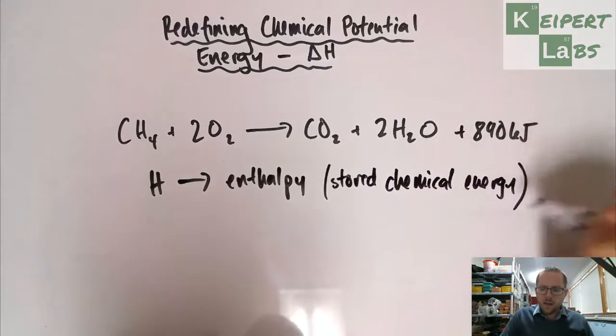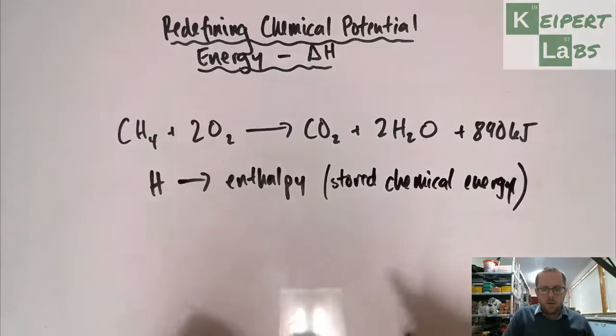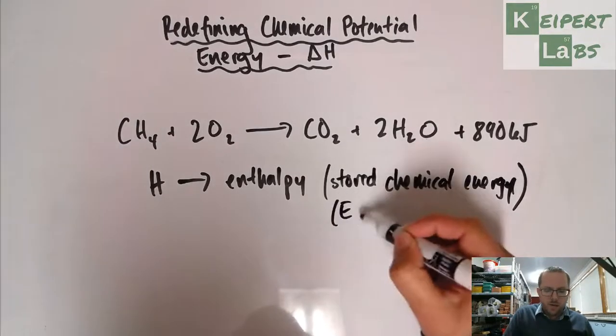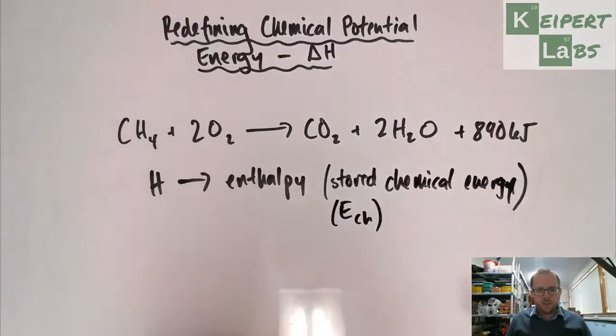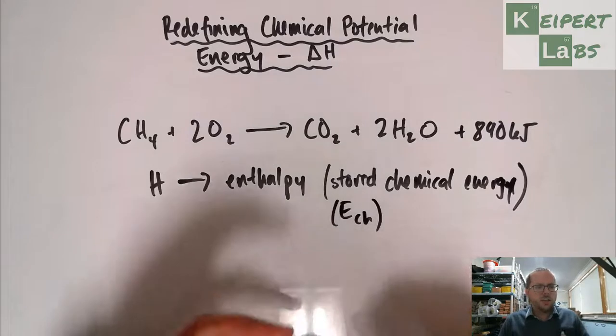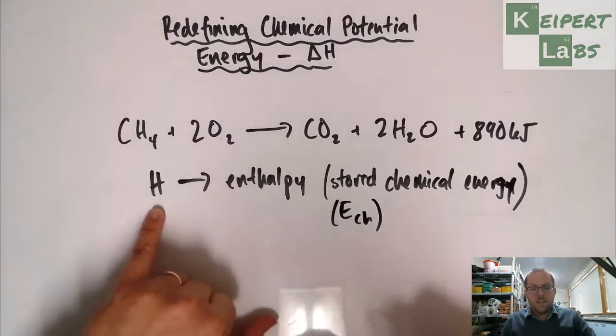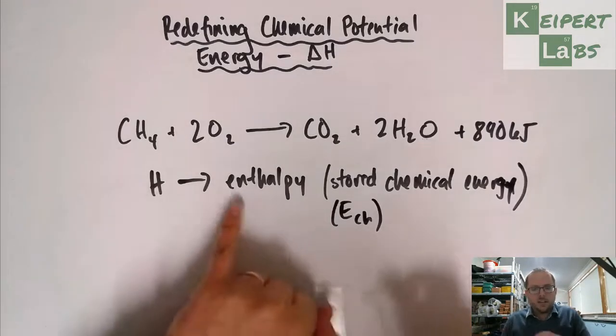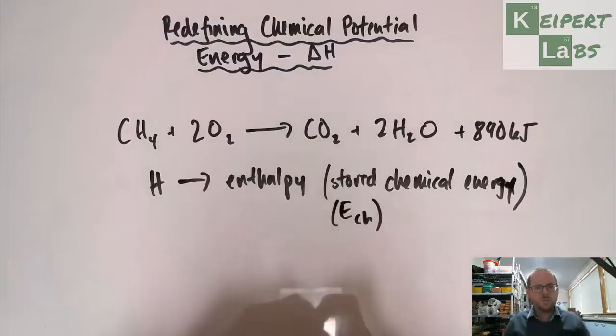So it's the formal chemistry name for what we have called ECH. Other chemists who don't use the concept of energy accounts like we do would refer to this as H and say, okay, it's this amount of energy that's stored.